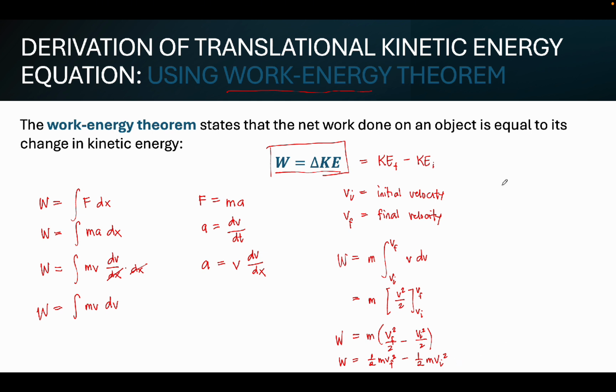If you can still remember the formula of translational kinetic energy, KE is equal to 1/2 mv squared. So meaning, let's continue it here, work is equal to KE final minus KE initial.